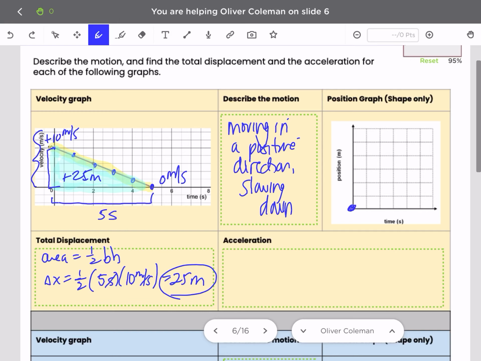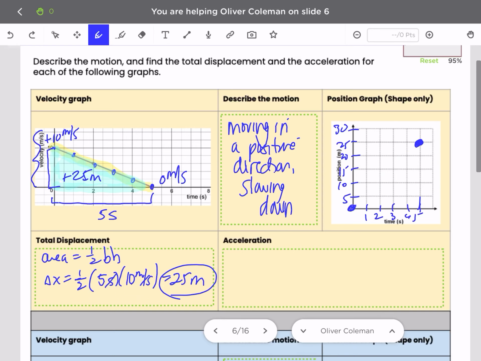So when I go to make my position graph, I label 1, 2, 3, 4, 5 on the time axis, and 5, 10, 15, 20, 25, 30, however you want to label this. At 5, 25: after 5 seconds, it will have gone 25 meters. If I draw a straight line on a position graph, that means constant speed, which it's not.